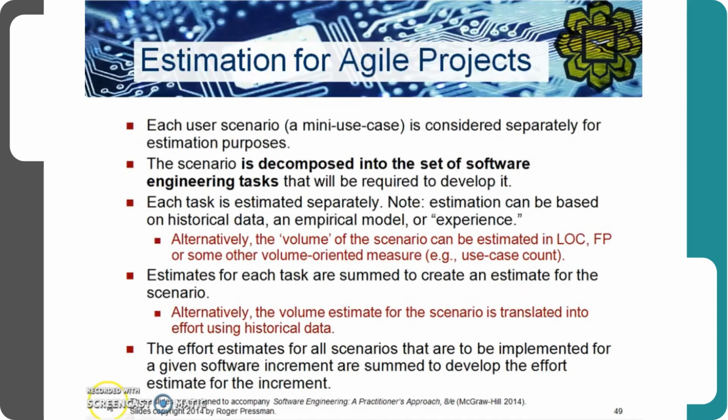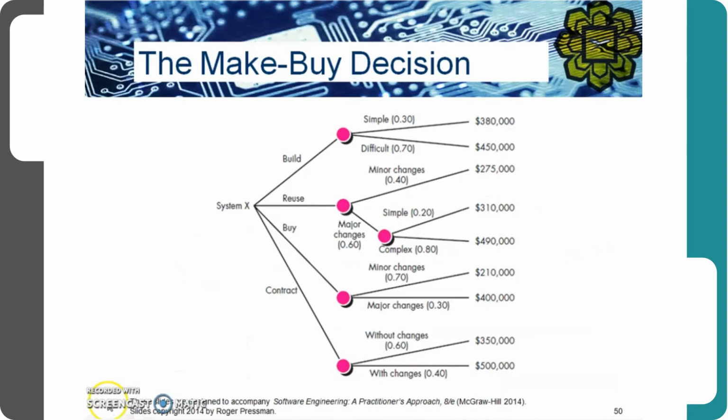We can also estimate for agile projects, where we can do estimation based on the decomposition of the tasks. And finally, the make-buy decision, whether we want to build from scratch or we want to buy, depends on what is the cost.